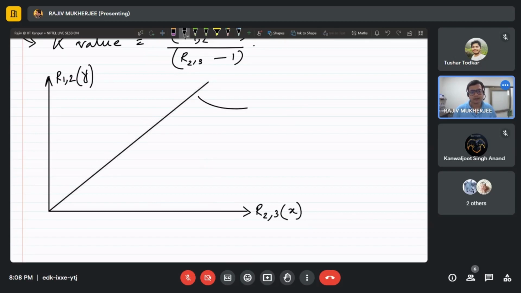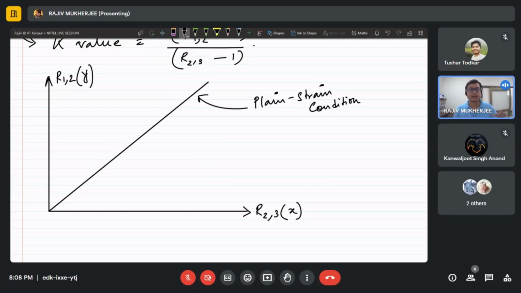Plane strain condition means there will be no deformation along y axis. All the deformation would be constrained along x and z direction only. So that is called plane strain condition. And in this case, k value is 1.